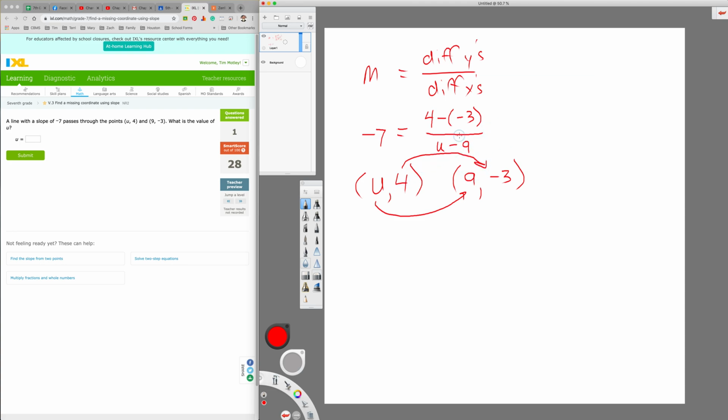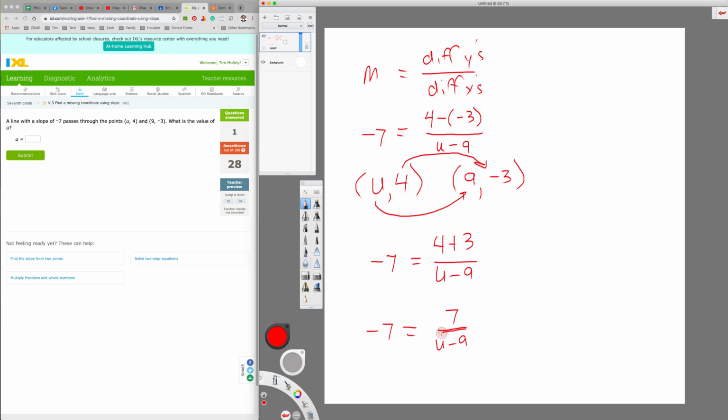If I look at this, 4 minus a negative 3 is 4 plus 3, and then u minus 9. The result of that has to equal negative 7. But 4 plus 3 is 7. So this is 7 over u minus 9, and it has to equal negative 7.